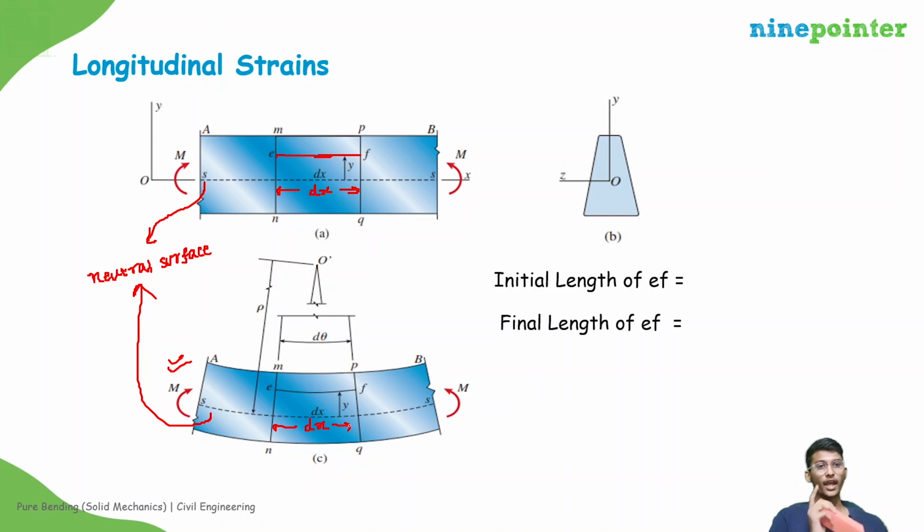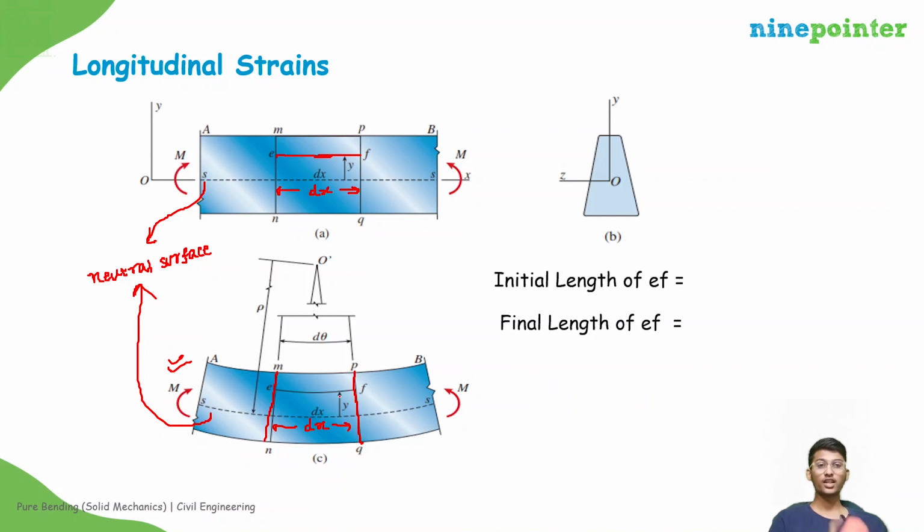We already know that mn is one cross section, pq is one cross section, and the cross section will remain plane before and after deformation. So mn will look like a straight line again, but somewhat tilted. This is m1 tilted one and this is pq tilted one.